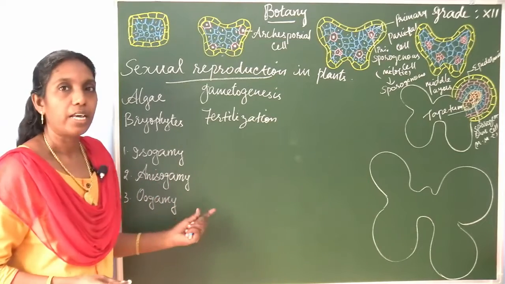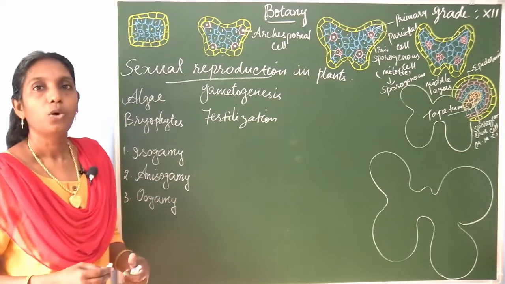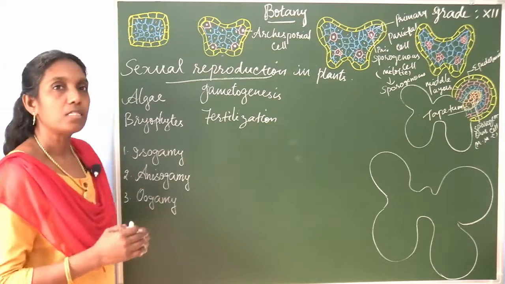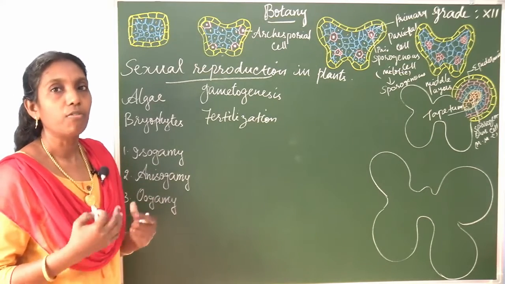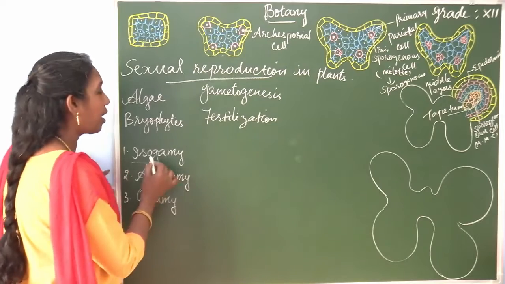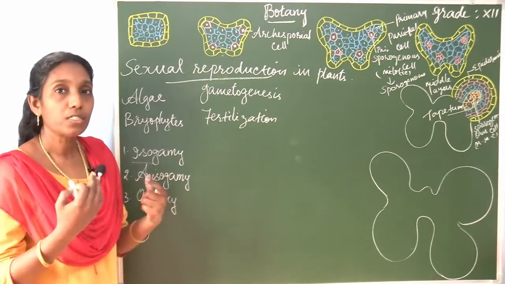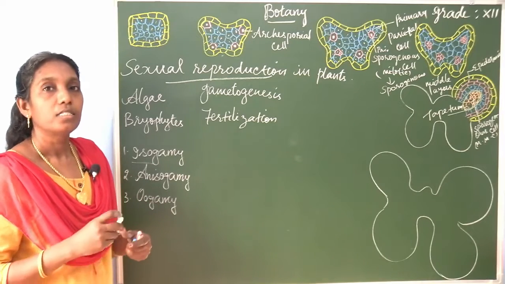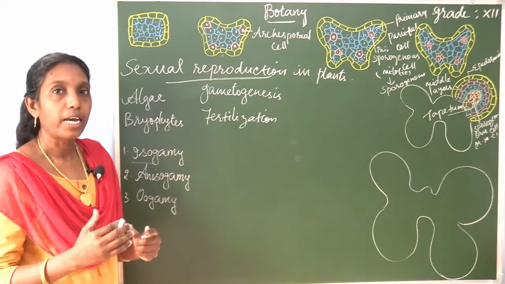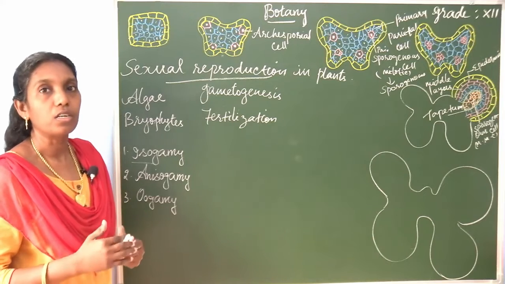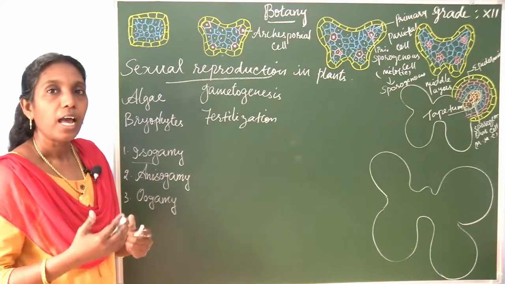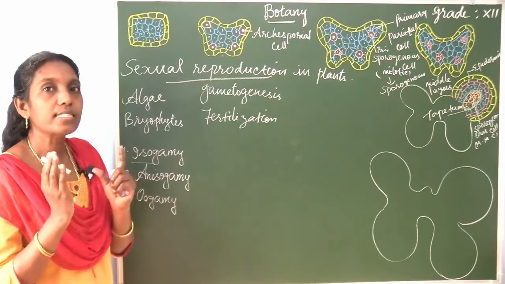Isogamy, anisogamy and oogamy. What is this isogamy? Iso means same or similar. So, in isogametic fusion, the gametes that fuse are morphologically and physiologically similar gametes.